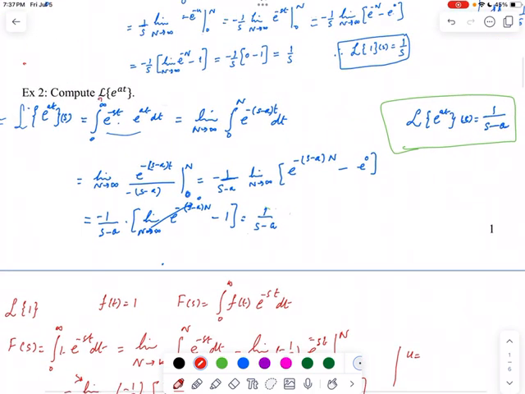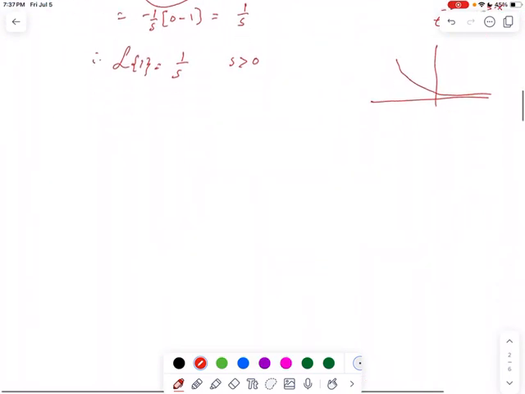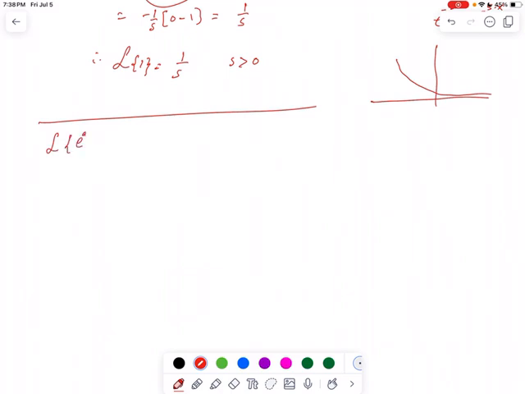Okay. Next example, compute the Laplace transform of e to the at. Again, I have done it here, but I am going to quickly show you. So we want to find L, the Laplace transform of e to the at. Remember, like we did before, this will be the integral from 0 to infinity, f of t, which is e to the at, times e to the minus st dt.